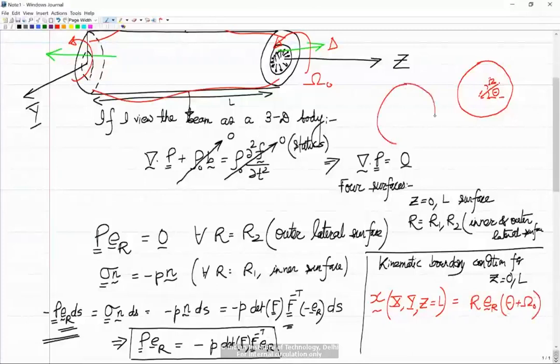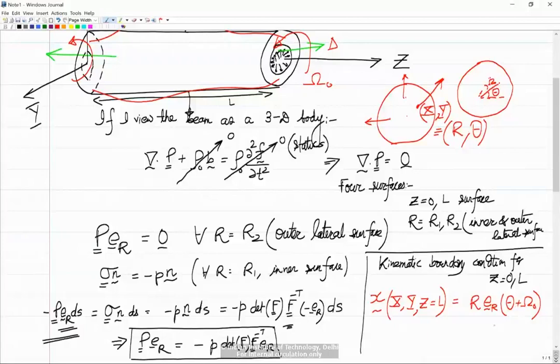If you again look at the cross section, then over here E big R is pointing like this, over here it is pointing like this. It's always radially outward. So I have to take E big R not of the original, which is E big R of big theta. Any coordinate, either you write it as big X, big Y, or you can write it as big R, big theta in cylindrical coordinate system. So the E big R is not of big theta, but of big theta plus omega naught.